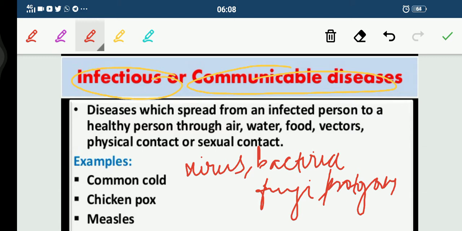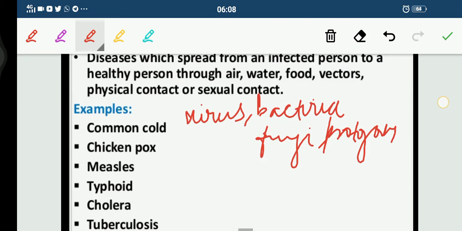So these can rapidly spread from one person to another by various means, such as water, air, food, insects, vectors, or by physical contact, or maybe by sexual contact.